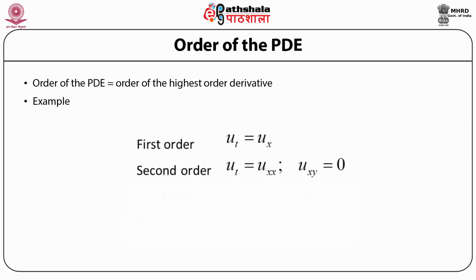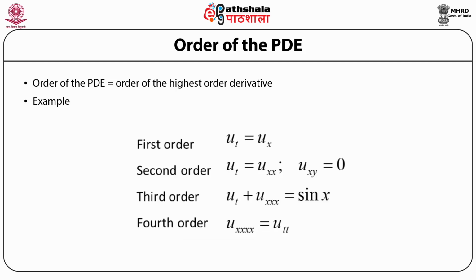Second order will be u_t = u_xx. Now u_xx is second order, so we have to write it as second order. If you see u_t, it is only one order, but it is not the highest derivative. Third order is similarly u_xxx, that means it has ∂x³ in the bottom, that's why it is third order. And fourth order is when it is differentiated four times.